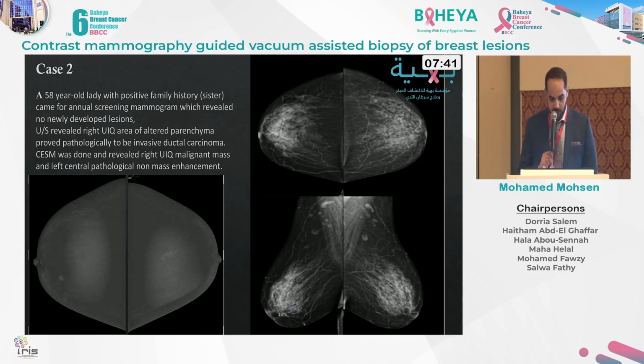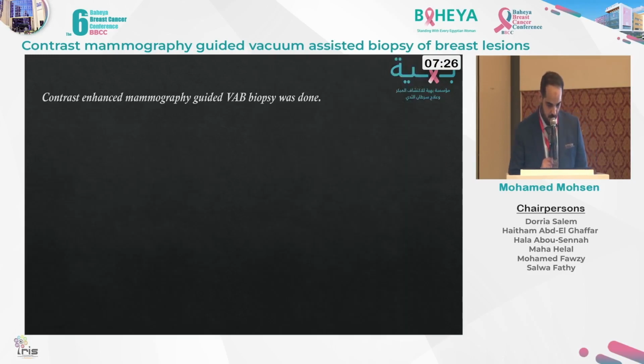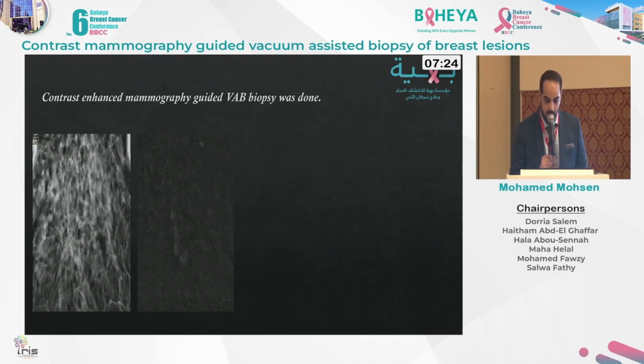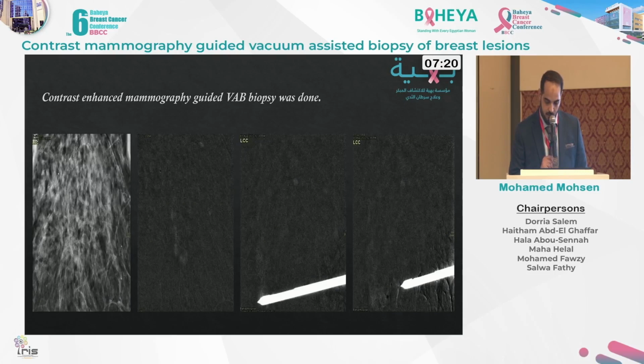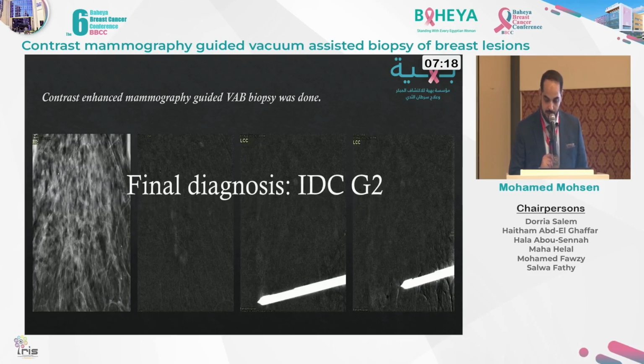Contrast-enhanced mammography was done and revealed right upper inner quadrant malignant mass and left central pathological non-mass enhancement. This is the right and this is the left, with the blue arrow. Contrast-enhanced mammography guided VAP biopsy was done. Diagnosis was invasive duct carcinoma grade 2.